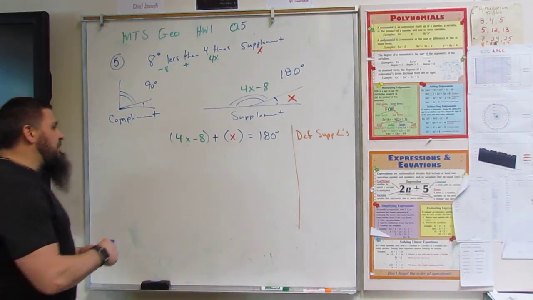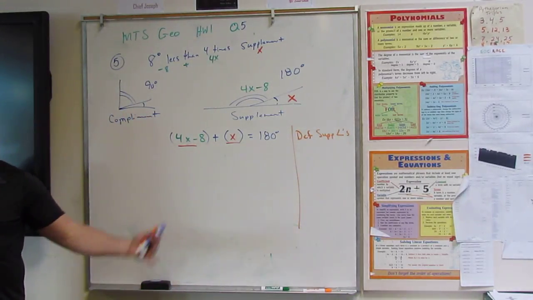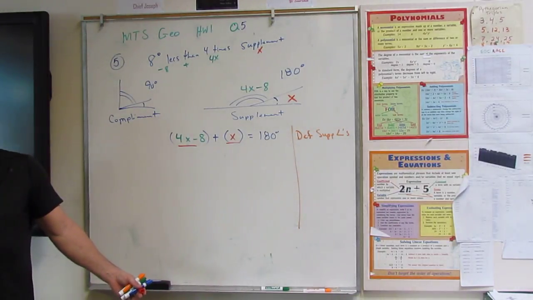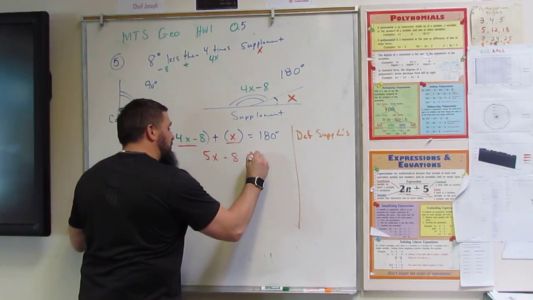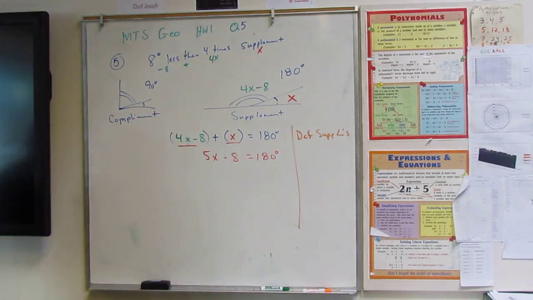First step is like terms. So add them up: 5X minus 8 equals 180. What allows me to do that?